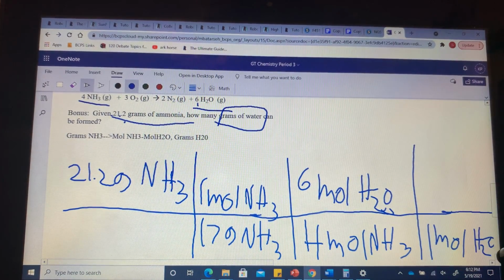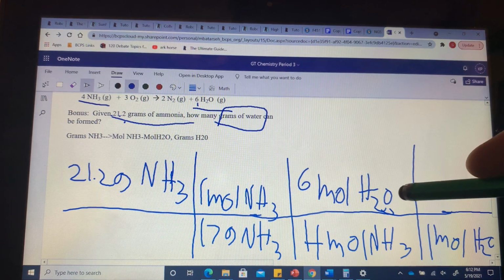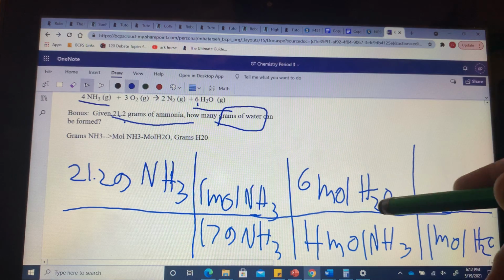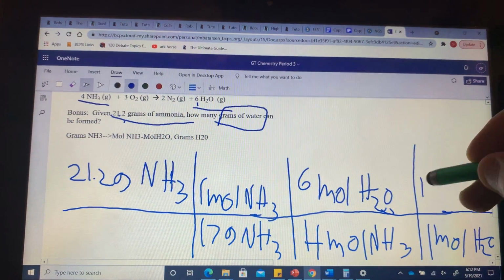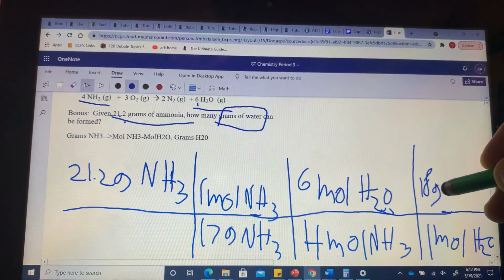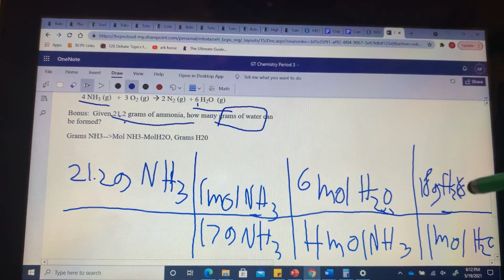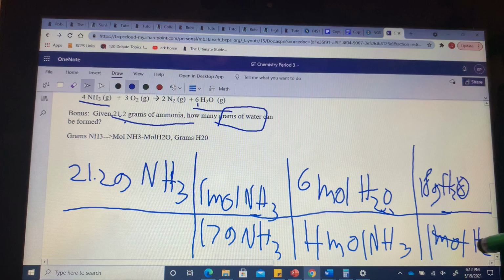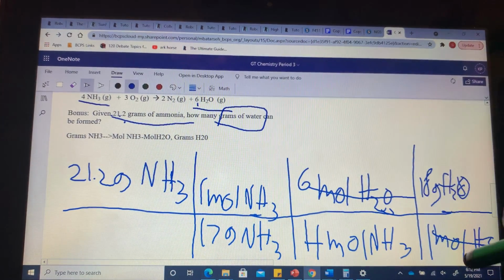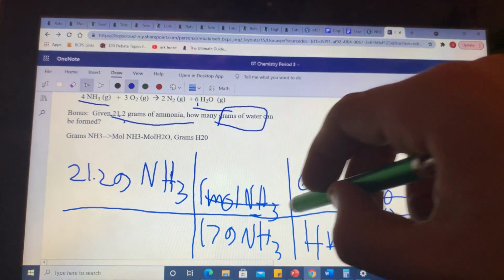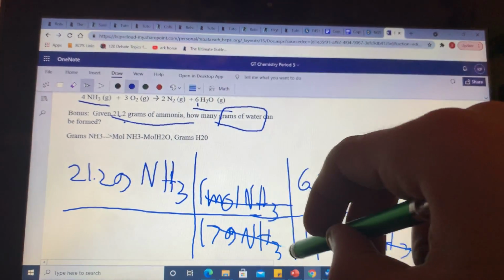And how many grams are there, though? Well, H2O, oxygen is 16, hydrogen is 1, 1 times 2 is 2, plus 16 is 18 grams of H2O. We cancel out our units: moles of H2O cancel out, moles of ammonia cancel out, and grams of ammonia cancel out.